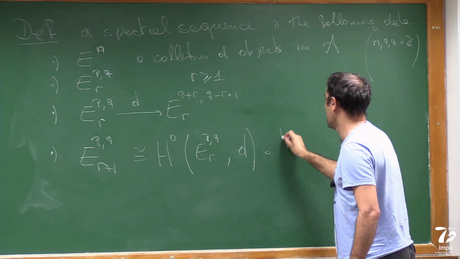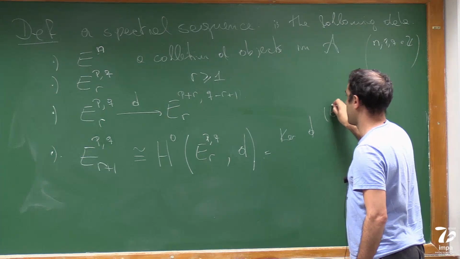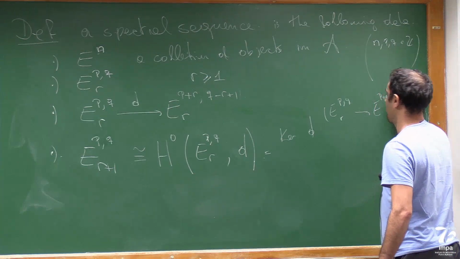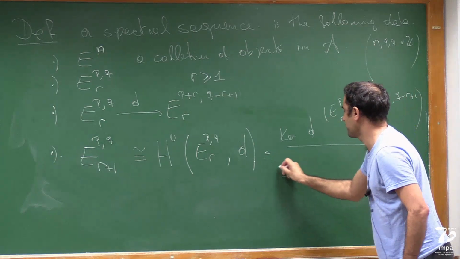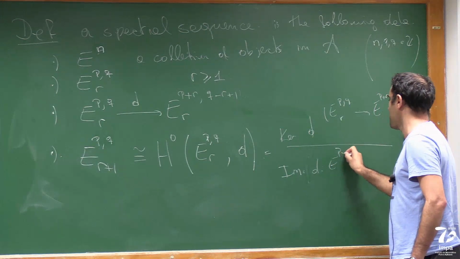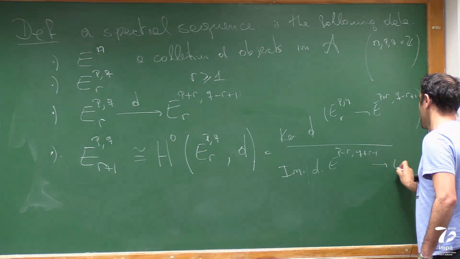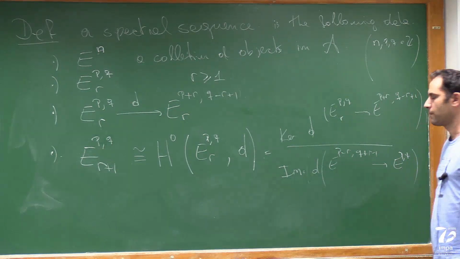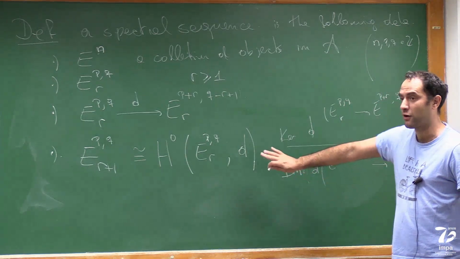So this thing is the kernel of that d there, from E_r^{p,q} to E_r^{p+r,q-r+1}, modulo the image of the d that goes from E_r^{p-r,q+r-1} to E_r^{p,q}. So I require these isomorphisms. This is part of the data. This is not an axiom.